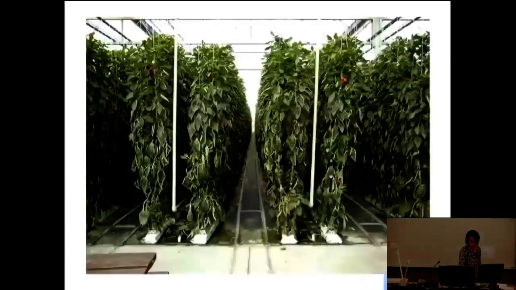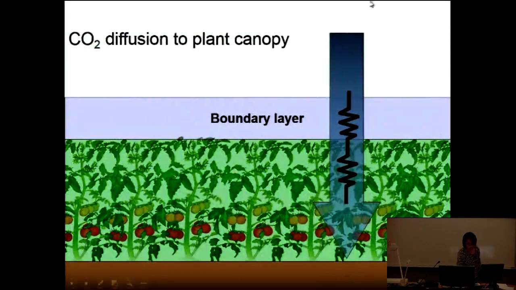So in the macro scale, the big canopy scale, that's what is happening during the daytime, from the top of the canopy to inside the canopy. Over the canopy surface, there is always a boundary layer, because you can consider the canopy as a big mass, and then resistance, which is stomatal resistance and boundary layer resistance.